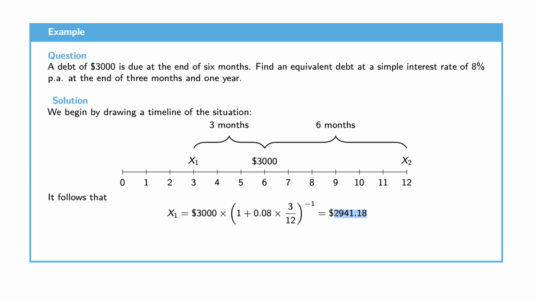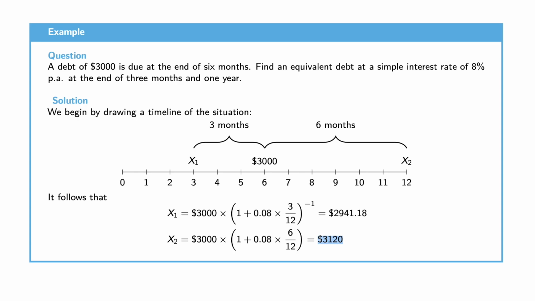That gives us a value of 2941.18. Equivalently, we could do X2, which is the $3,000 accumulated by the factor 1 plus R times T, where now T is 6 on 12, and that gives us a value of 3120.